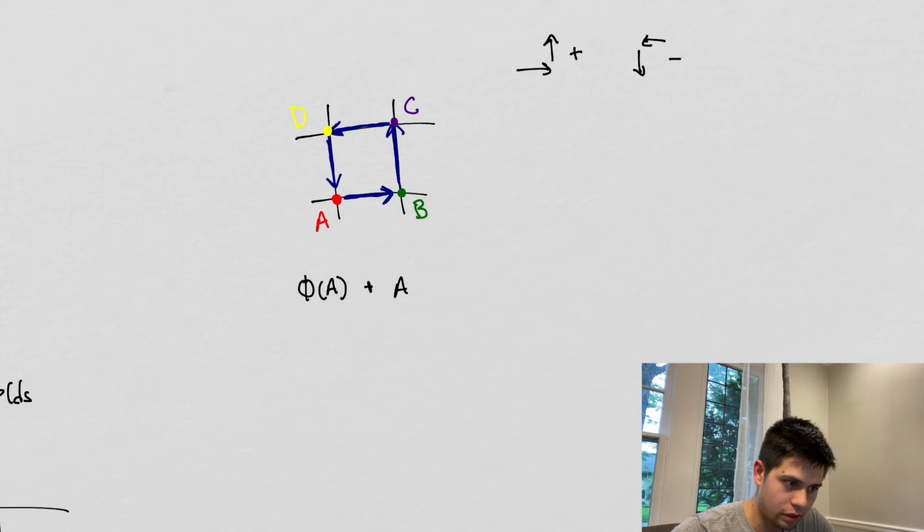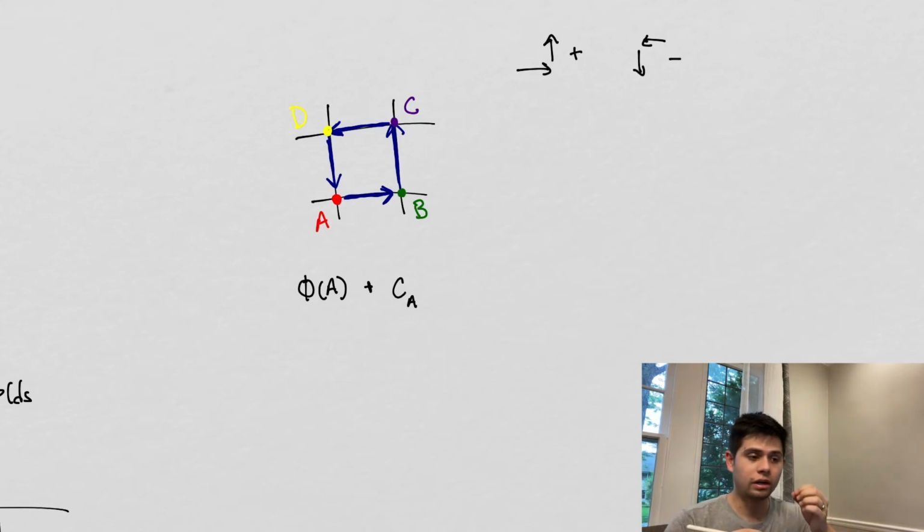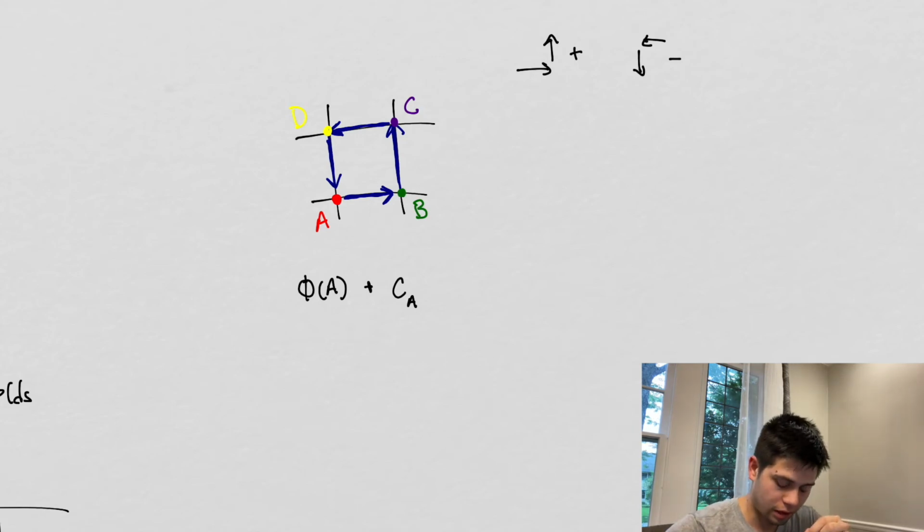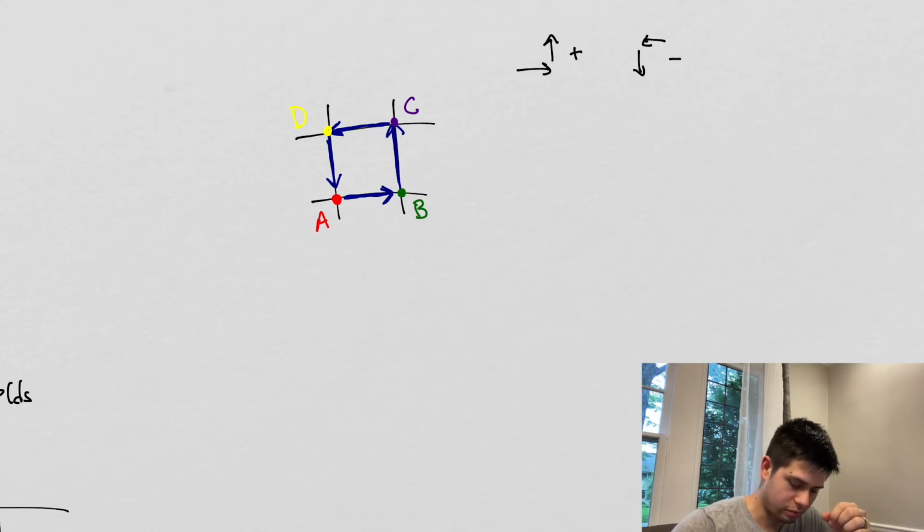So this is at point A, so maybe I'll use C's like I originally did. I'm going to do it like this actually, because it might be a little bit easier to picture.